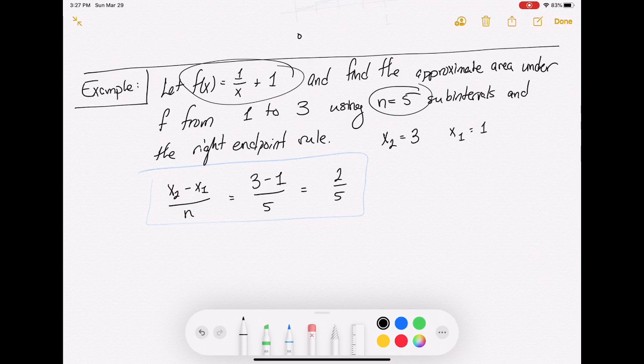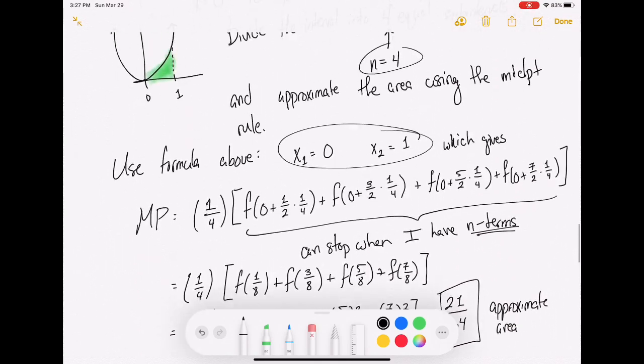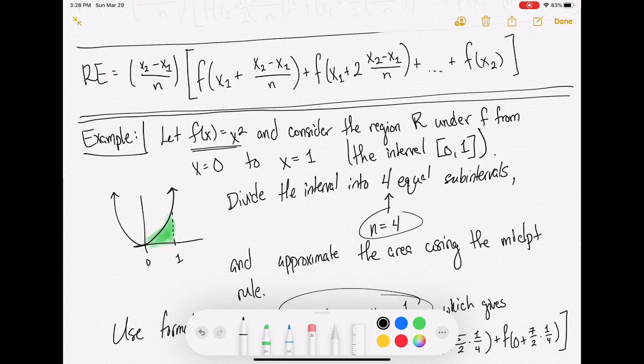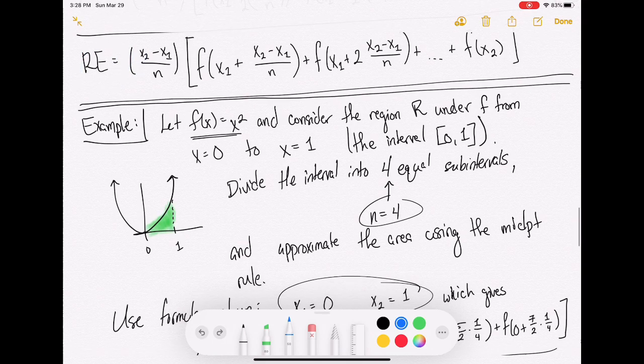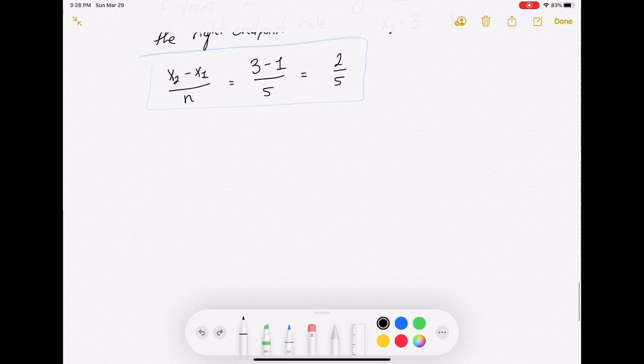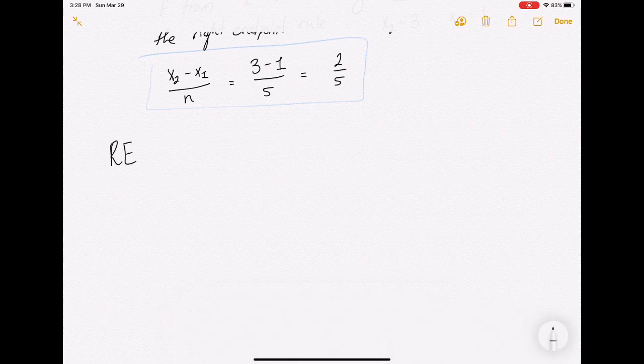That's going to save us a lot of time. In my right endpoint rule, it's going to be x2 minus x1 divided by n. So this is RE equals the 2/5 that I just calculated.